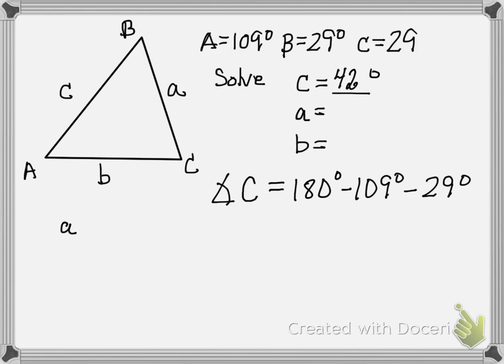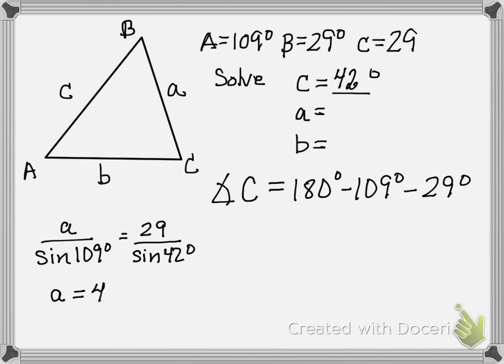So that'll be A over the sine of its angle, which is 109 degrees, equal to C, the side that I know, so I have to use that, over the sine of its angle, which is 42 degrees. And then we'll solve this for A. That'll be a very simple calculator key-in.